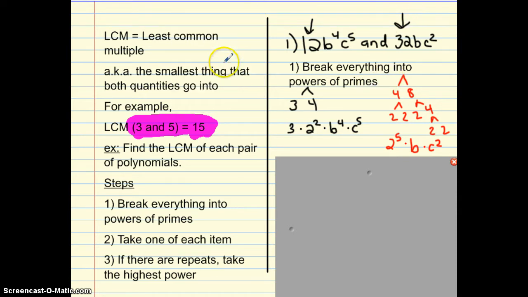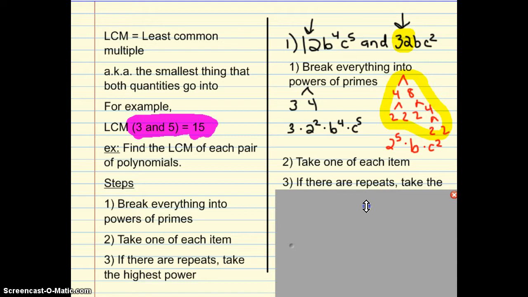And 32 does, well, all of this. So I can change my 32 into 2 to the 5th power, and then my b and my c squared just come straight down. So I'm going to take one of each item, and if there are repeats, I'm going to take the highest power.